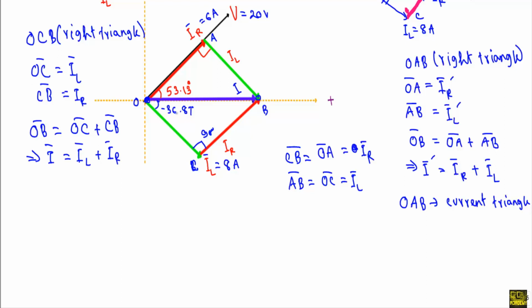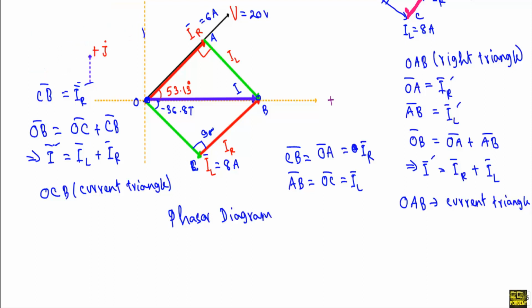So you will see I can draw this right triangle using currents IL, IR and I. Therefore, this OCB will create another current triangle. And this overall diagram is known as the phasor diagram of the given parallel RL circuit.